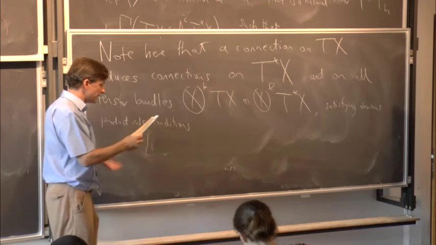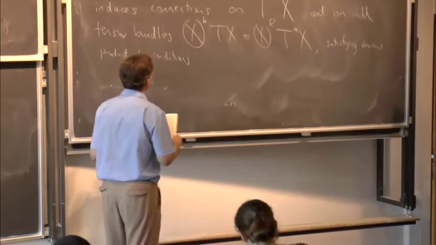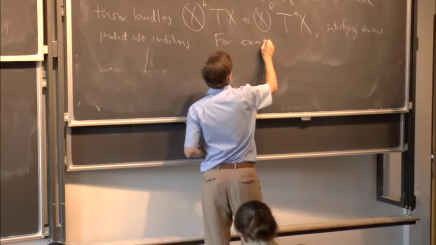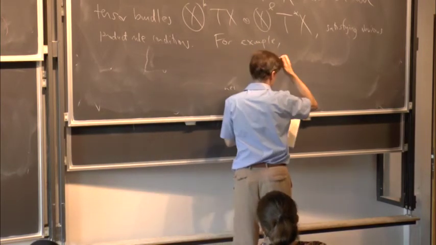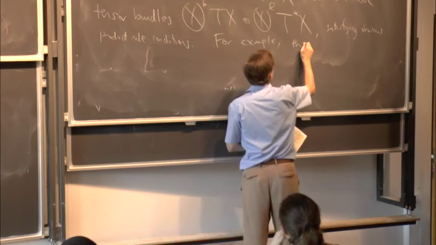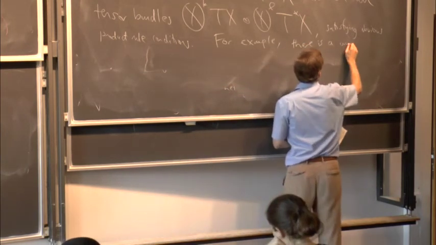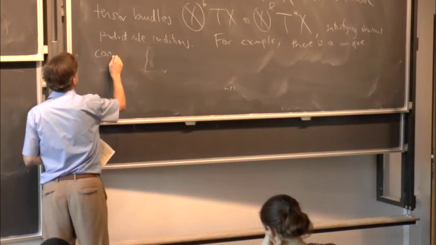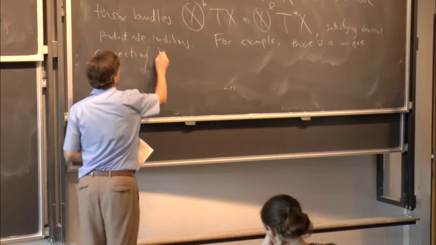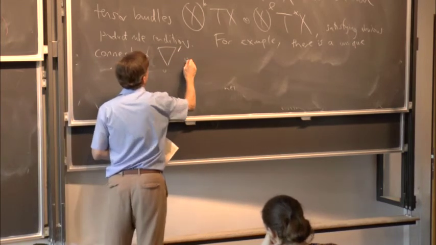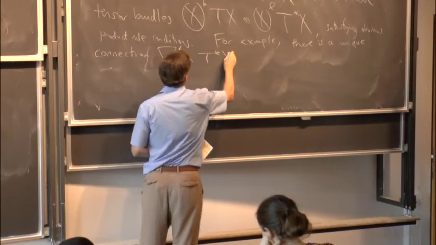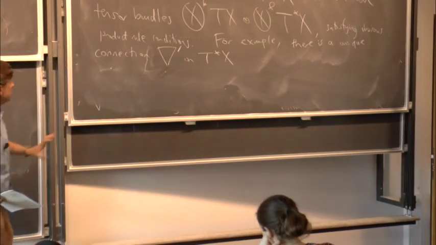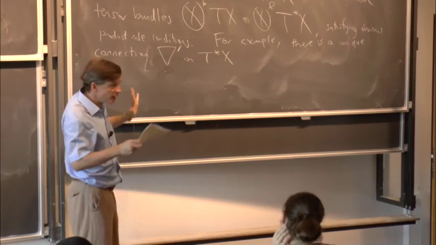Let me give you an example of what I mean by that. So, for example, there is a unique connection nabla prime on T*X. In general, if I've got a connection nabla on TX, I'm also going to write nabla for all of the other connections on all the tensor bundles as well.